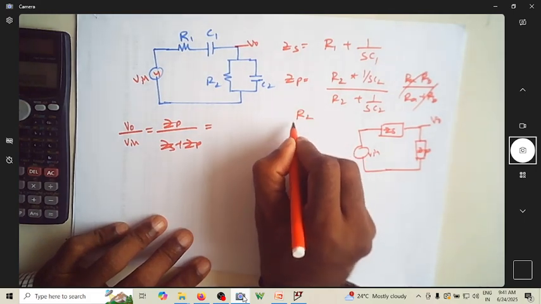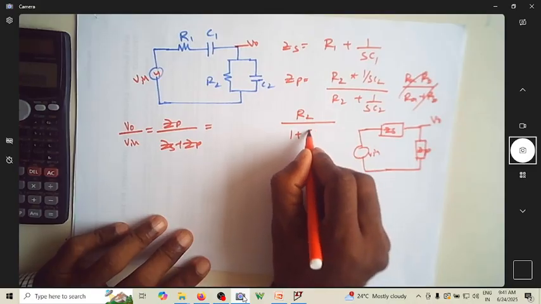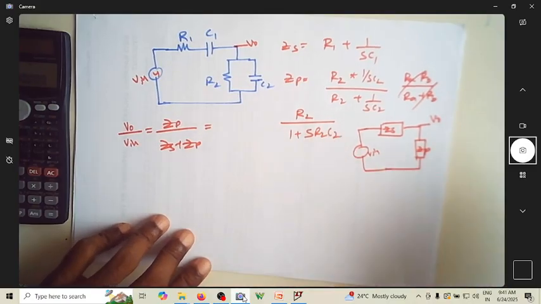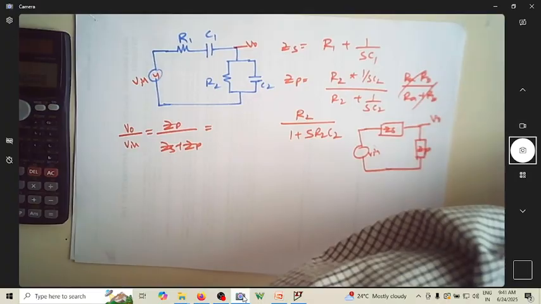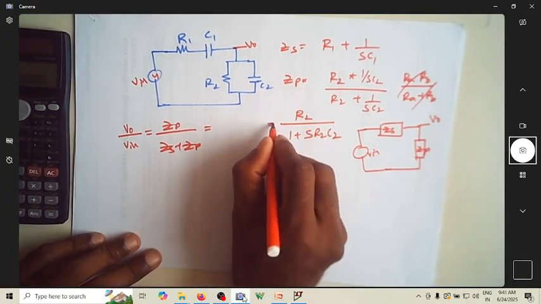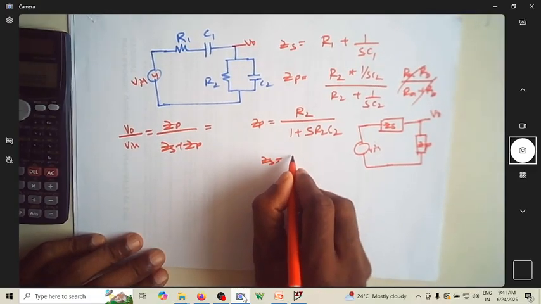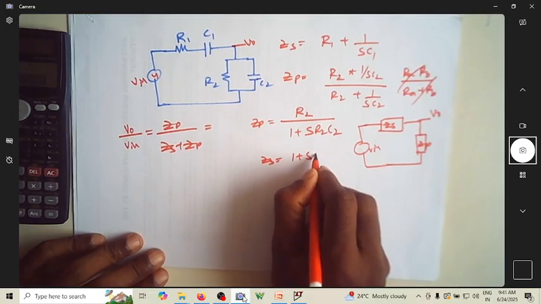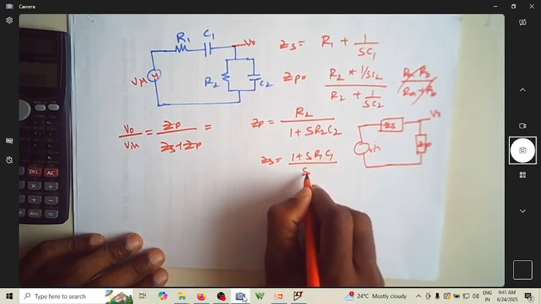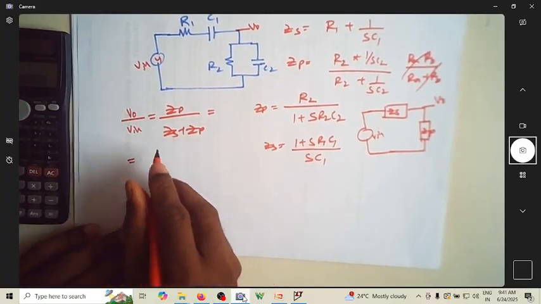this is R2 by 1 plus S R2 C2. That's what we can write it as. What is ZS? ZS can be written as 1 plus S R1 C1 by S C1. Okay, let us substitute here. What is ZP?